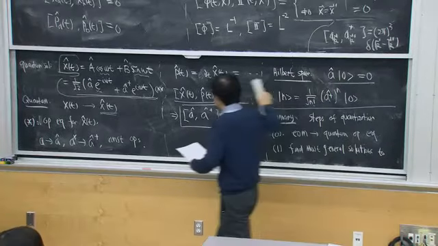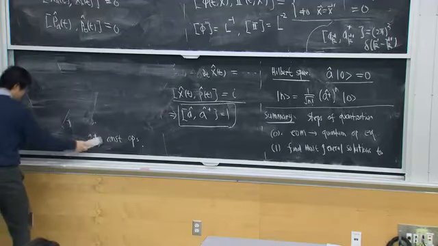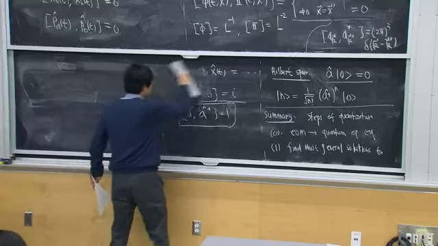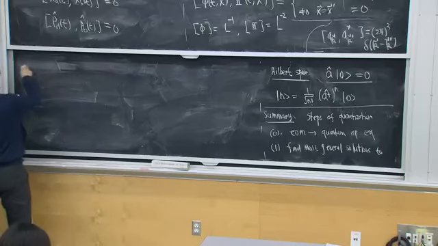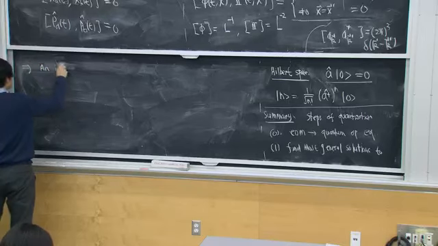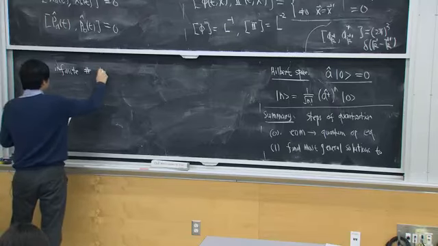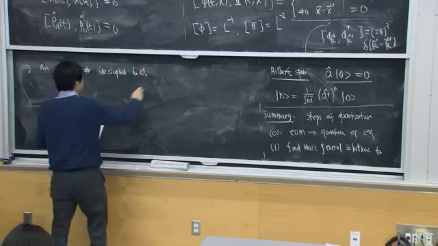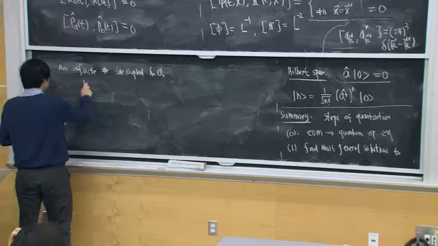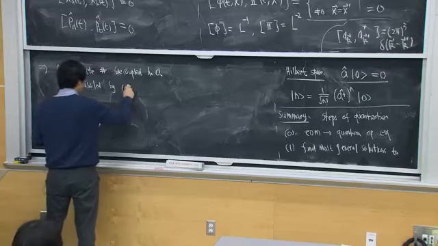So from those commutation relations, we conclude that this theory, after we quantize it, becomes an infinite number of independent, decoupled harmonic oscillators labeled by a continuous parameter k.